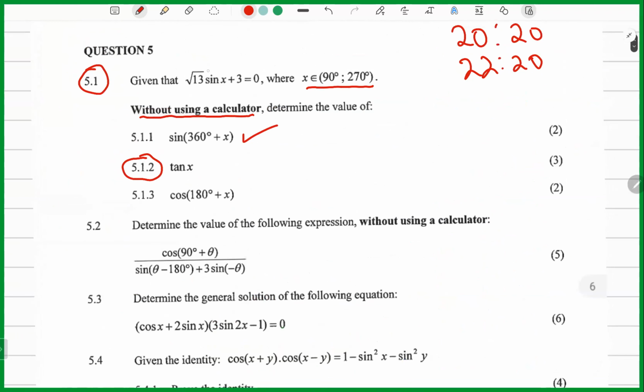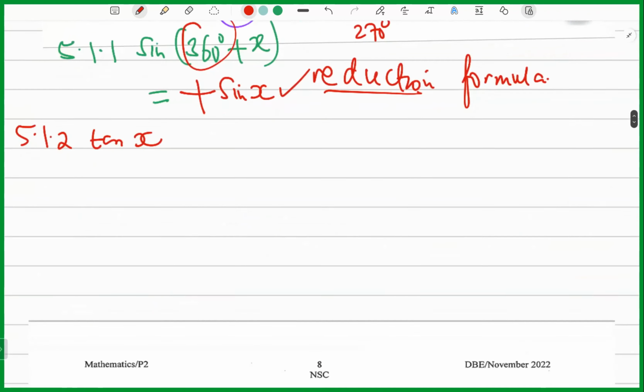Okay, right. At this point, we have the square root of 13 sine x plus 3 equals 0. So we're given the square root of 13 sine x plus 3, and this result is equal to 0.